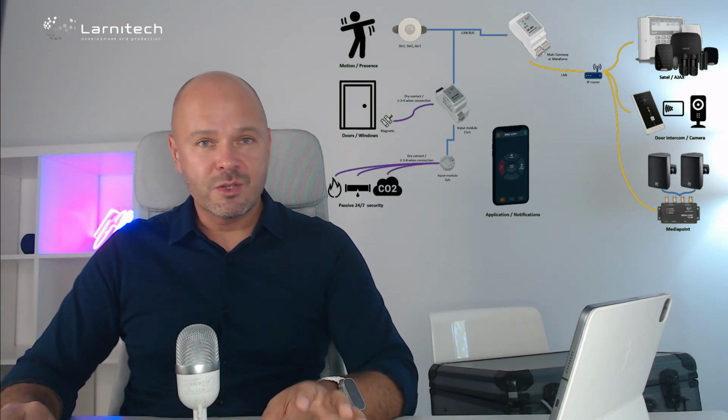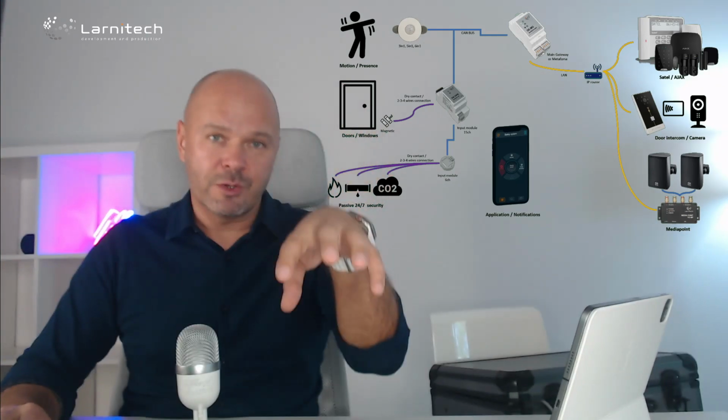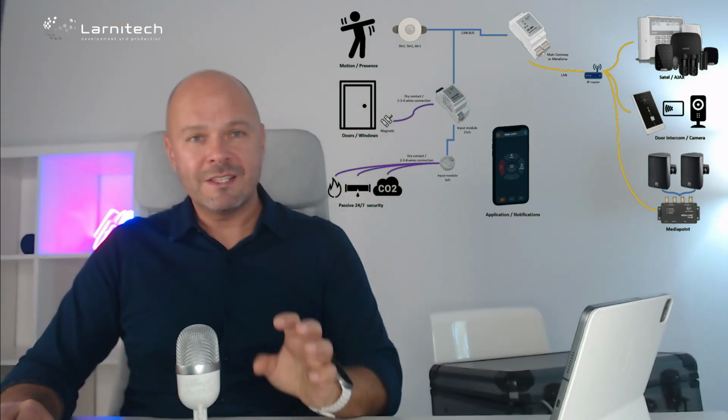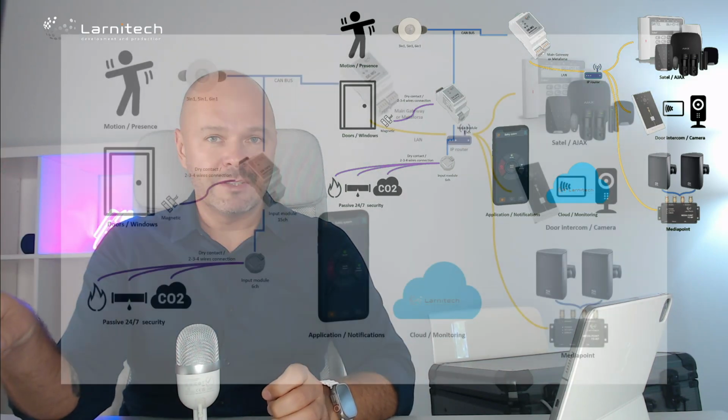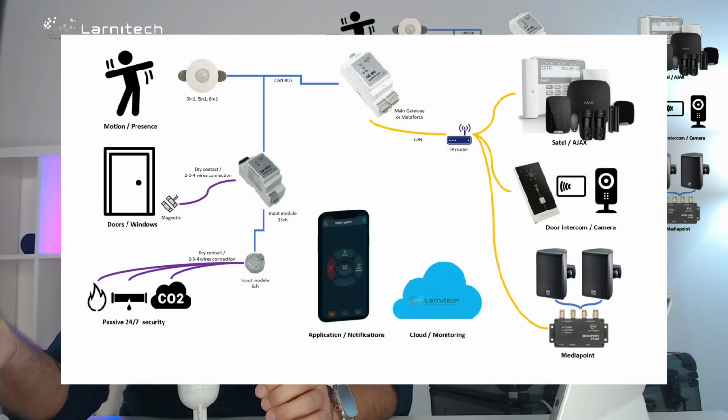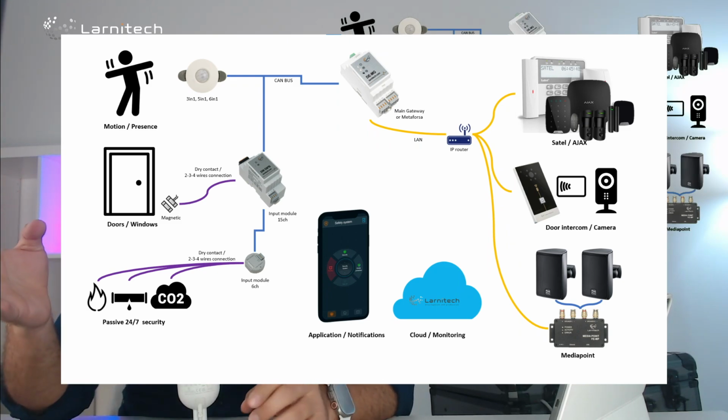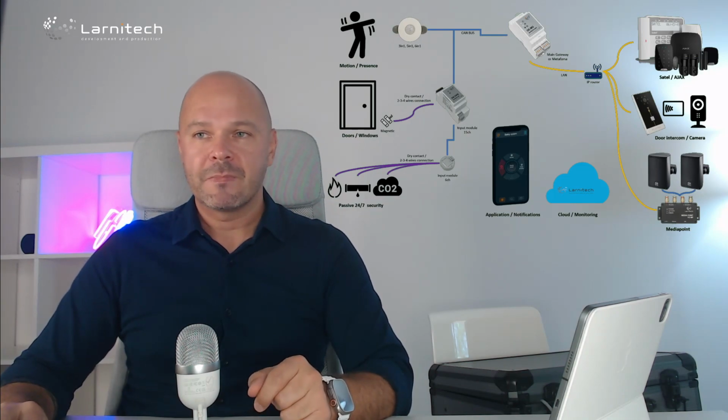That is why we also need external monitoring for this house. So once it is in security mode, the Larnitech cloud and monitoring service should also be connected, and this service is included in the plugin for free. So this is the whole system and how it could be connected. This is one of the options.